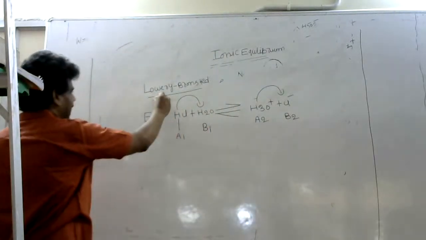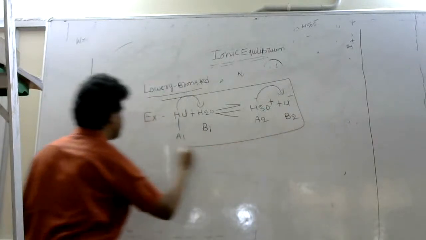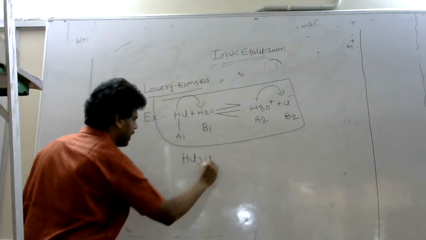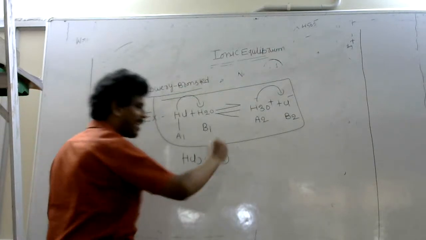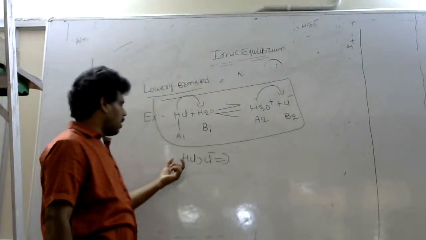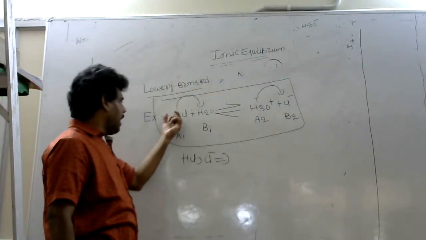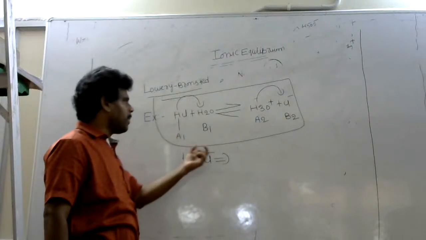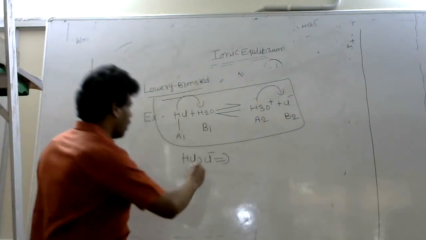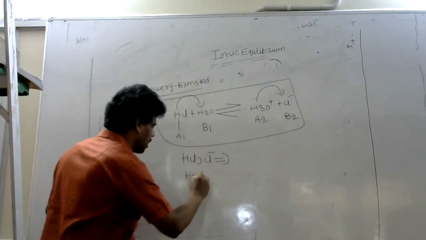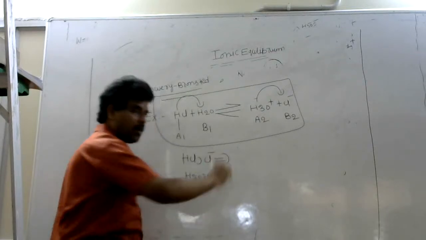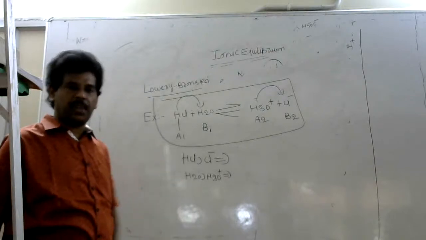For example, in this reversible reaction, HCl and Cl minus ions act as a conjugate acid base pair because HCl acts as acid, Cl minus acts as base, which differ by only one proton. Water and hydronium ion is also an example of a conjugate acid base pair.